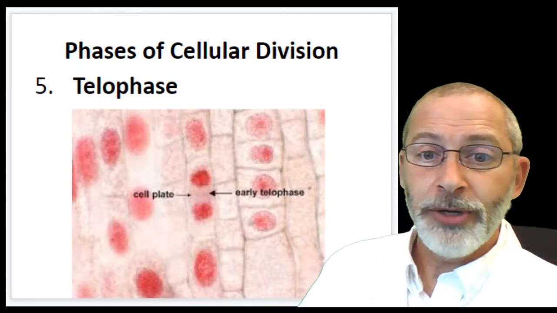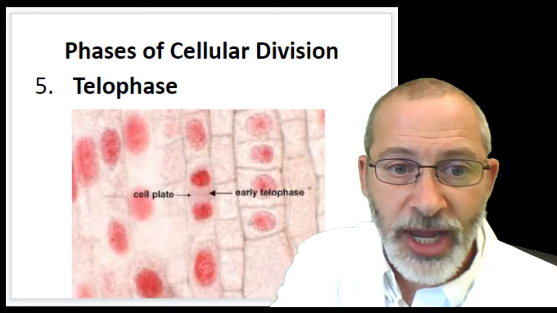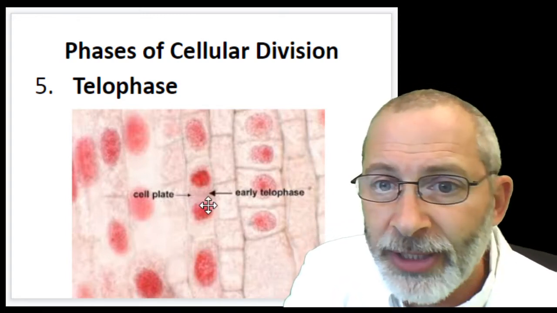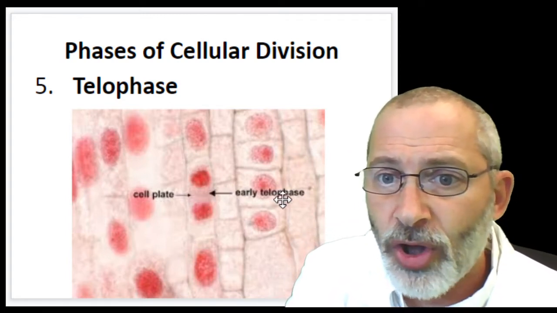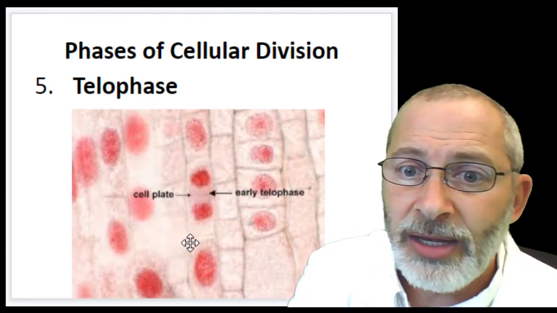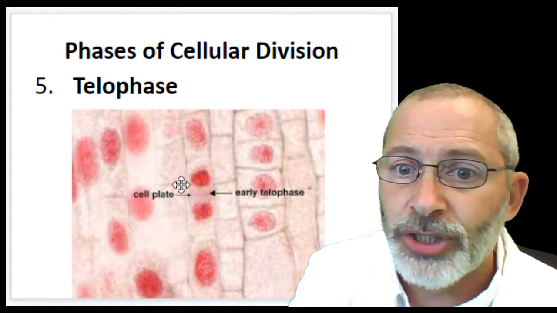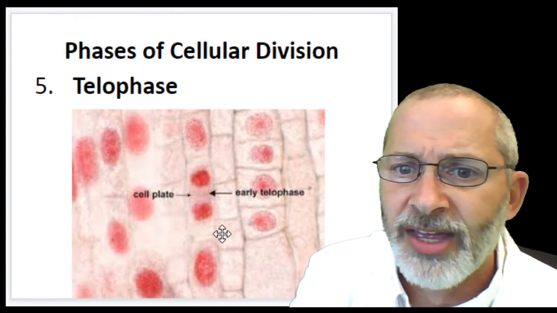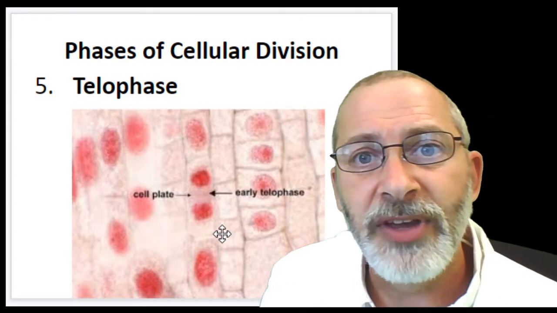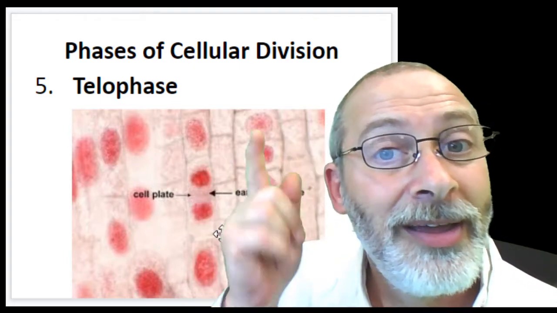So here's a picture of a slide during telophase, and let's check it out. What's happening here? This is called early telophase, but this entire outline here is the cell wall. Now let me ask you, what kind of a cell would this be if it has a cell wall? Plant cell, very good.